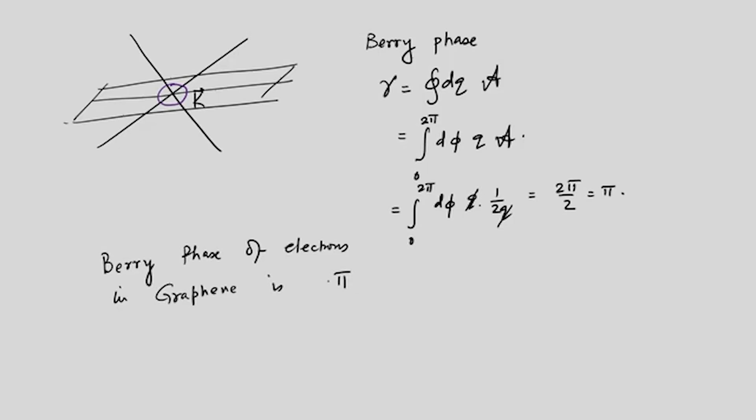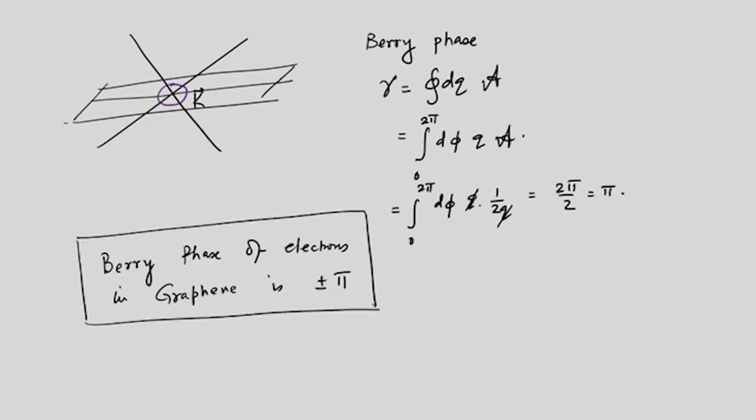Okay. So, this is really a plus and minus pi, and this is another reason for suspecting that one can actually make graphene topological, and that would have to be seen.